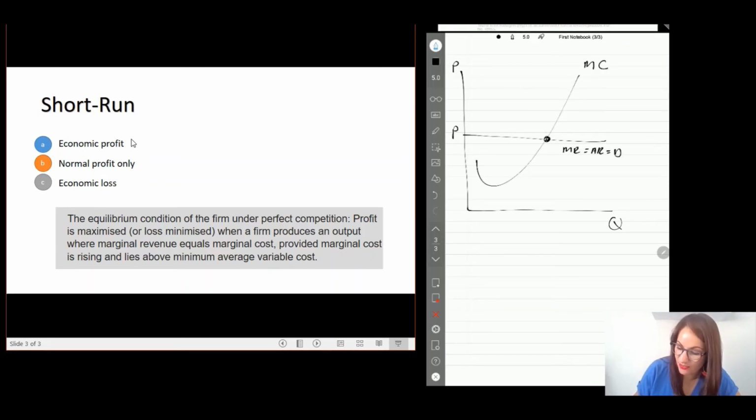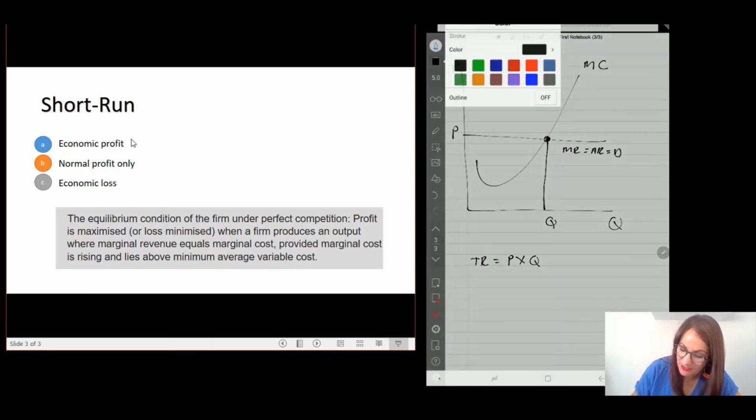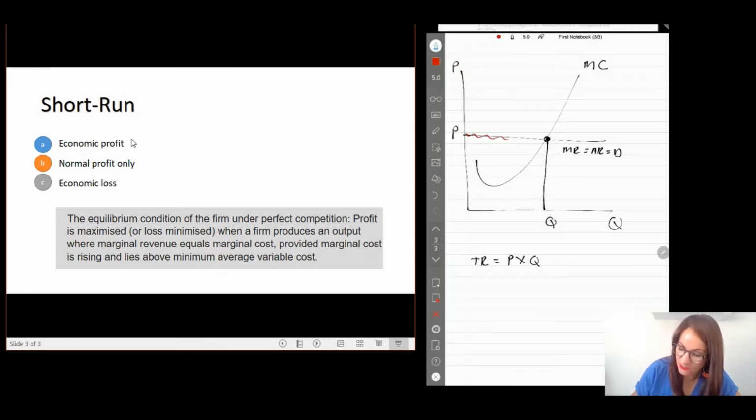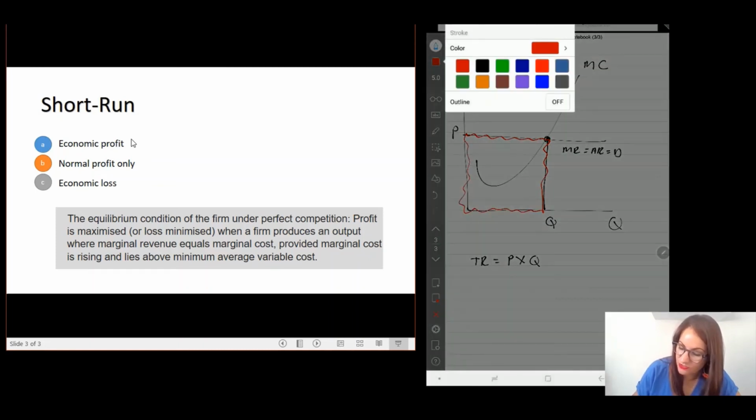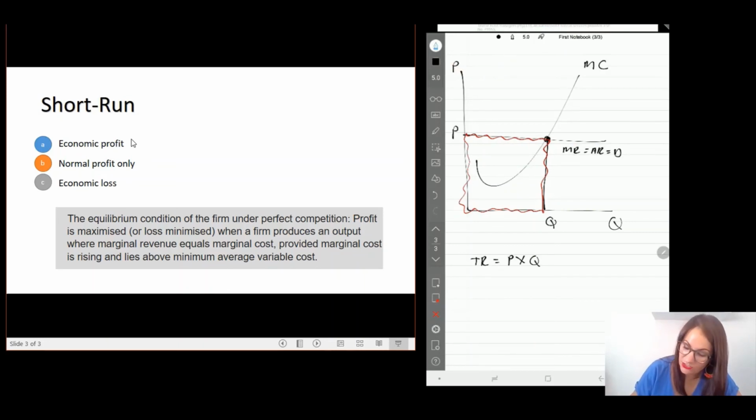You have your profit maximizing point, where total revenue equals P times Q. Let's indicate your revenue area. Now put in your average cost curve. Because we are making a loss, our costs are greater than our marginal revenue. Take it up until it cuts your AC curve. This is P1, so your total cost equals P1 times Q.